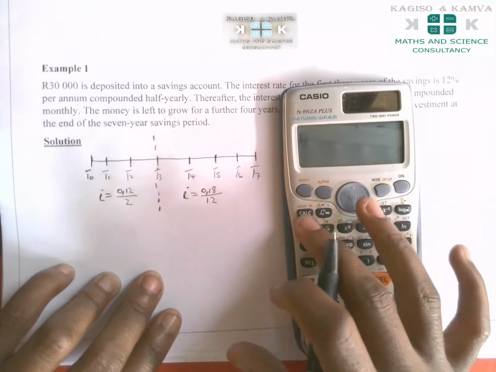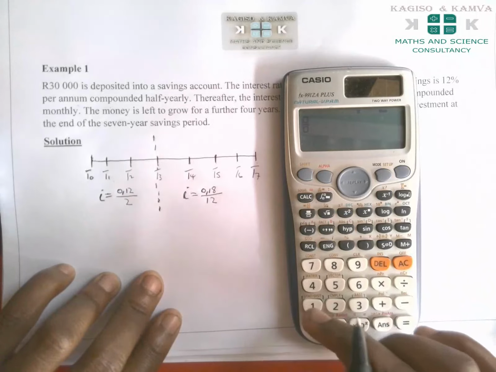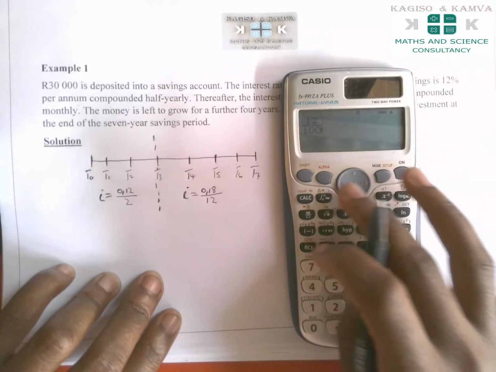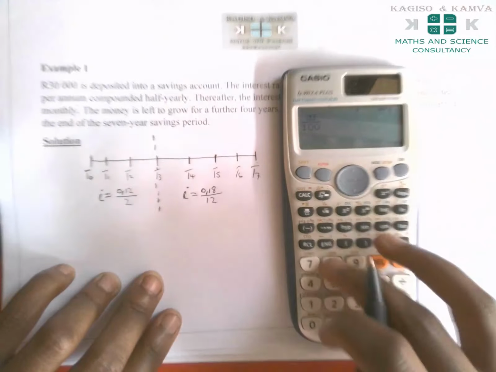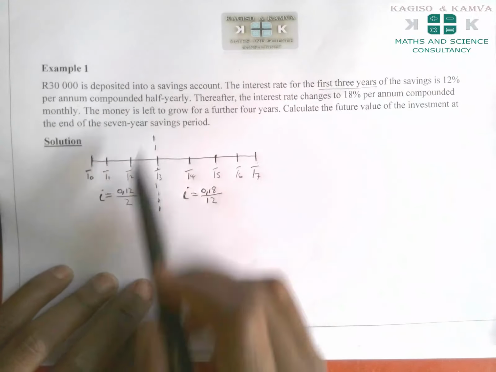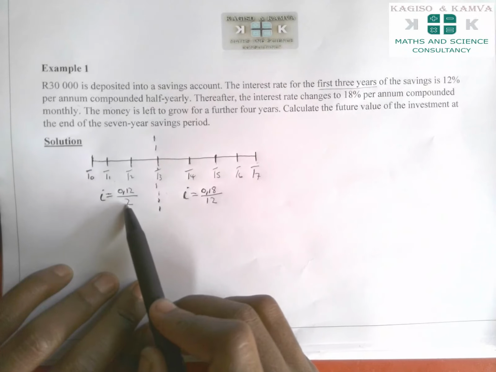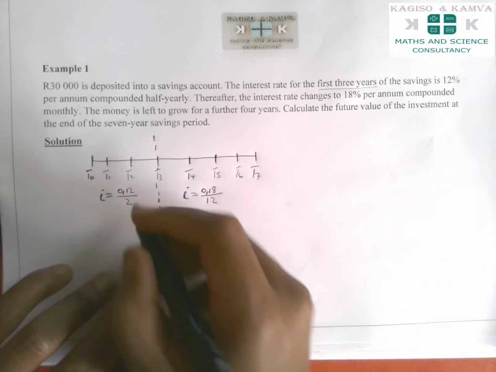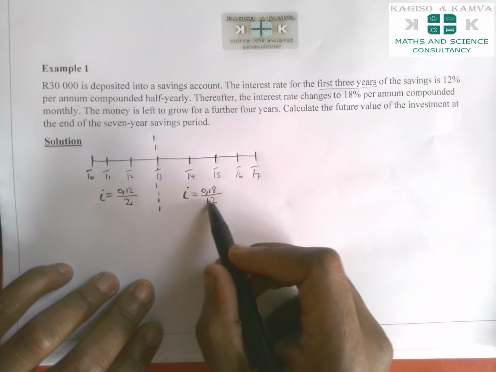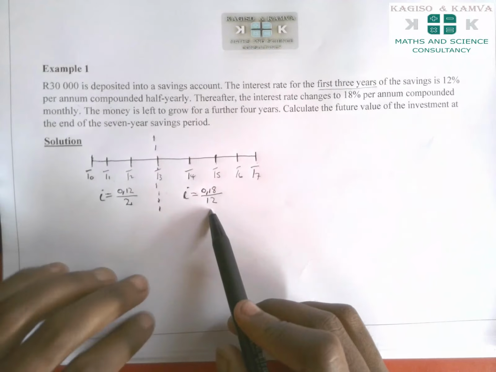From the previous lessons, 12 divided by 100 gives us 0.12, the same as with 18, we are going to get 0.18. We divide by 2 for half yearly because we've got two 6-month periods in a year, and then we've got 12 months in a year.